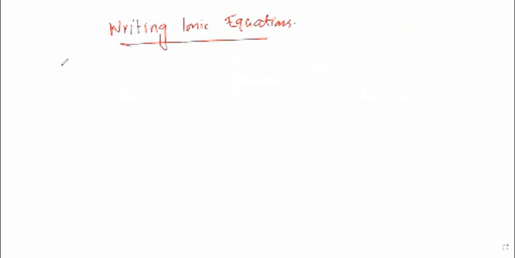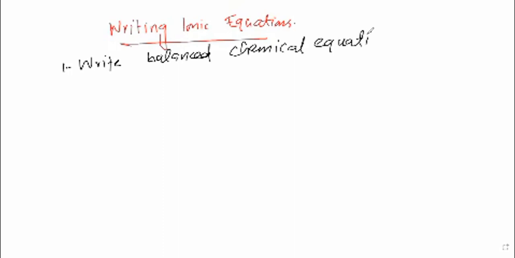For writing the ionic equation, first is write the balanced chemical equation, which you have studied. It is the first step. Second is break into ions.